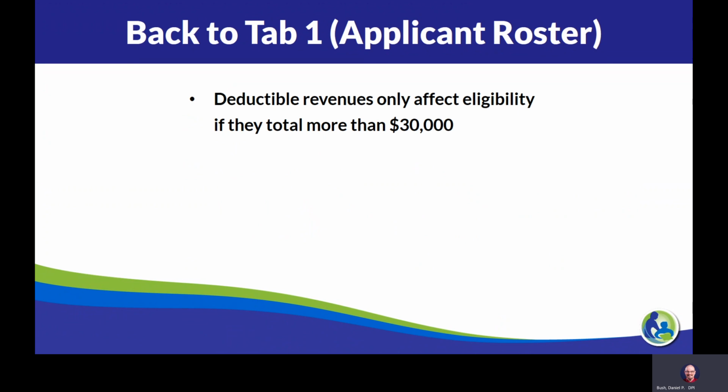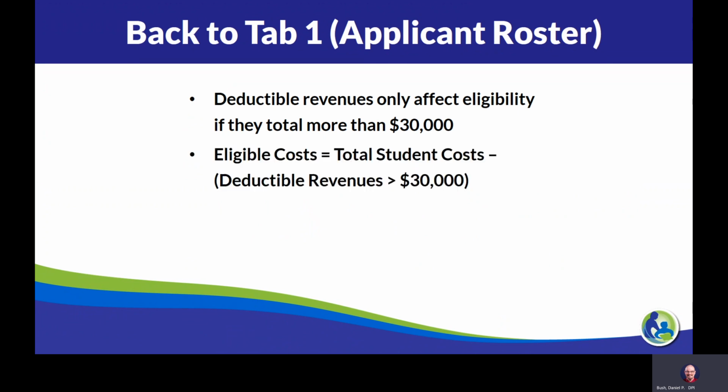So those two things always affected your eligibility. Now, those deductible revenues are only going to affect your eligibility if those revenues are more than $30,000. So this is a change for the new claim form.